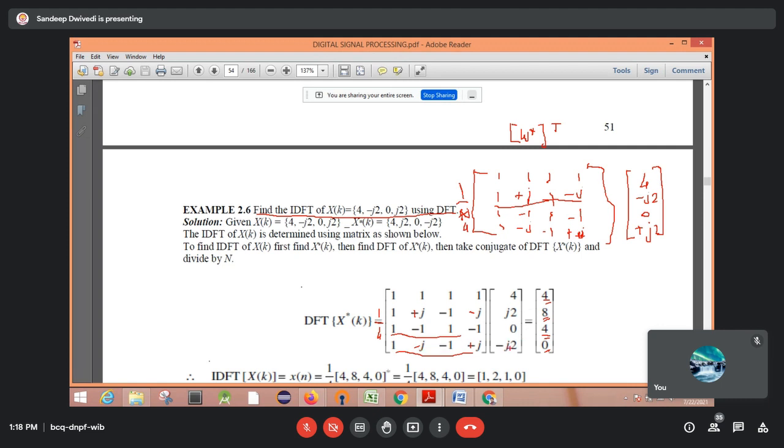Minus and minus, so this will be minus 4 and this 4, so it will be 0. Okay, same values you are getting.